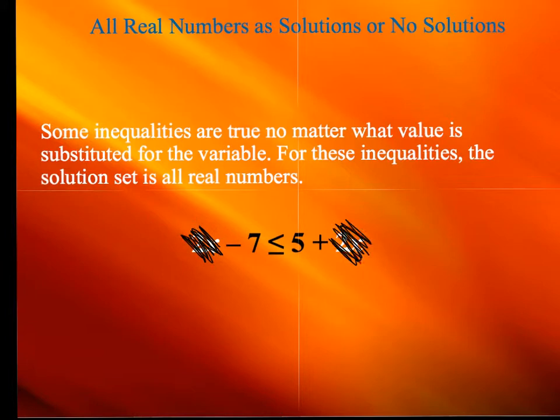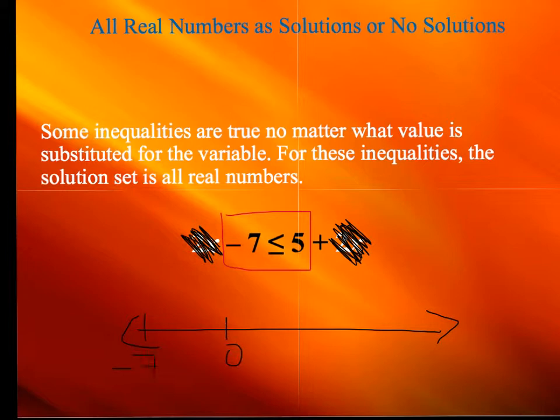And notice how it's the same variable. Now we're just going to look at this statement in the middle. So you have to ask yourself, is negative 7 less than or equal to 5? Well, if you get stuck, you can always draw a number line. And we could have 0 over here, negative 7, positive 5.